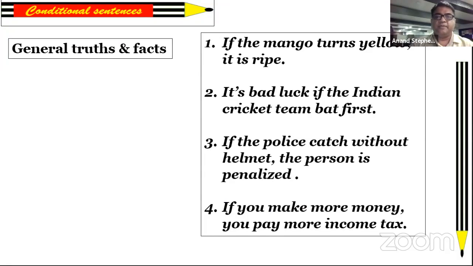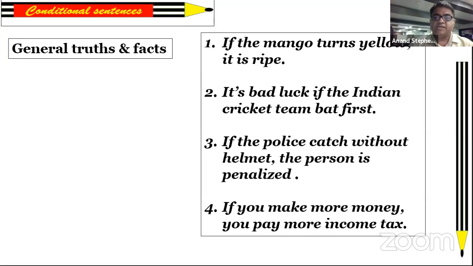Look at this example. If the mango turns yellow, it is ripe. सीधी सी बात है, आम येलो हो जाए तो वो पक जाता है. It is bad luck if the Indian cricket team bats first. So here the pitch being referred to must have grass, or if any team plays first, it has to face more bounce or more swing.